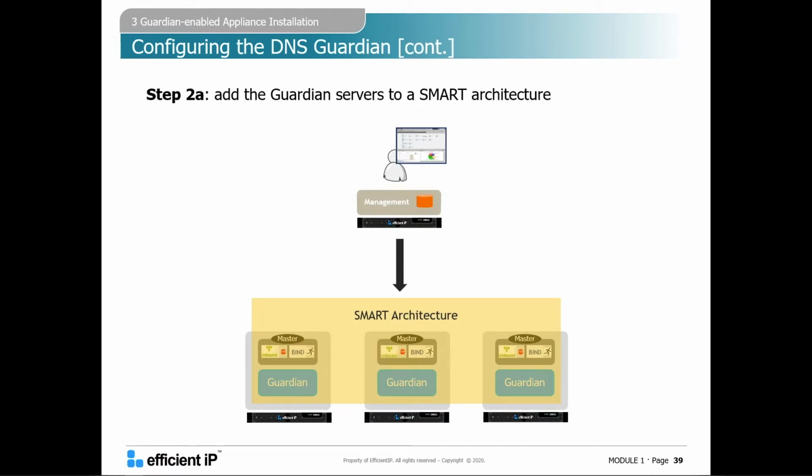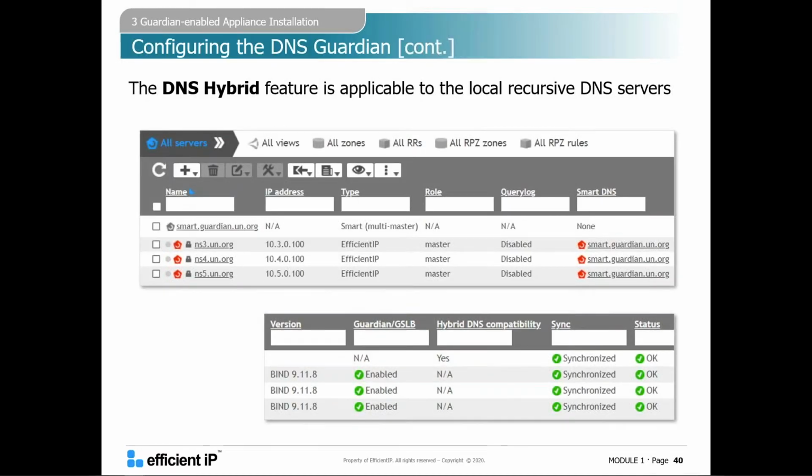Configuring the Guardian is the same. You create your DNS server, whatever architecture that you set. Normally for recursive, we set it to multi-master because they are not authoritative for any zone. They are just performing recursion. And then you deploy. Once you have added the license and Guardian is enabled, you will see this Guardian column enabled.